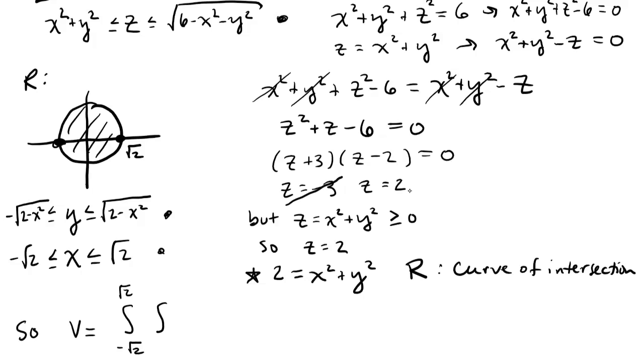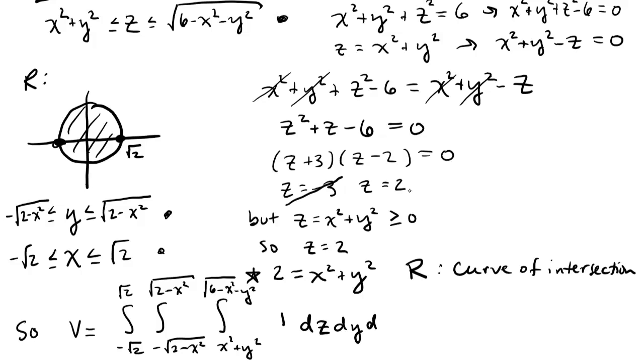And then y, which is a function of x, so negative square root of 2 minus x squared to square root of 2 minus x squared. And then the z bounds, which go from x squared plus y squared to the square root of 6 minus x squared minus y squared.